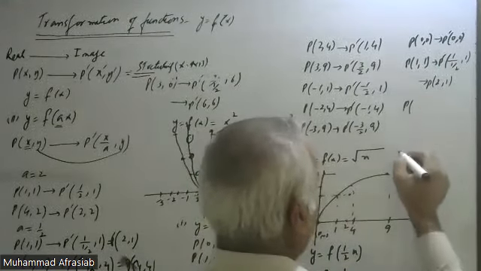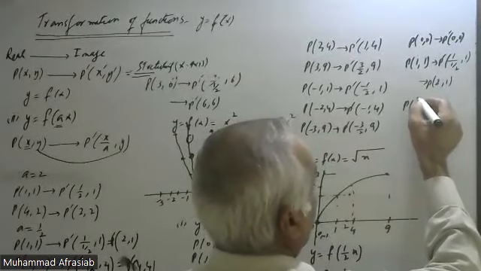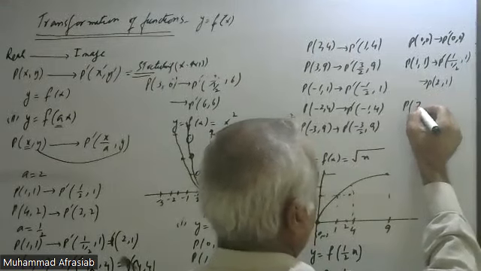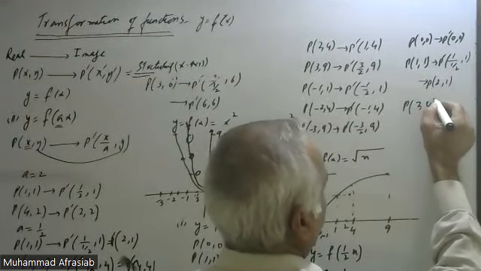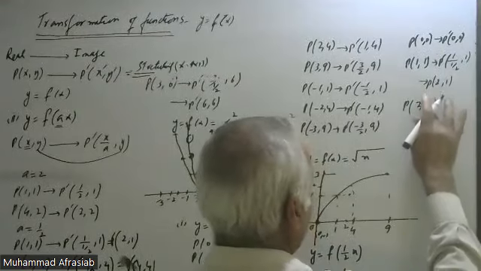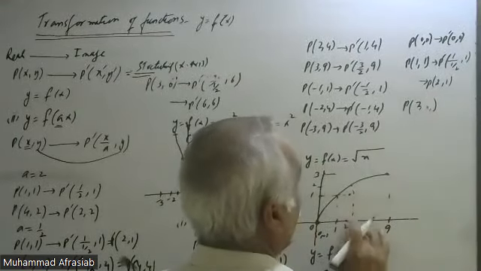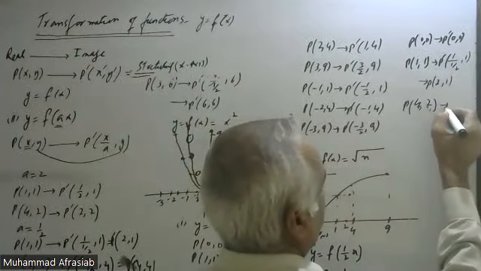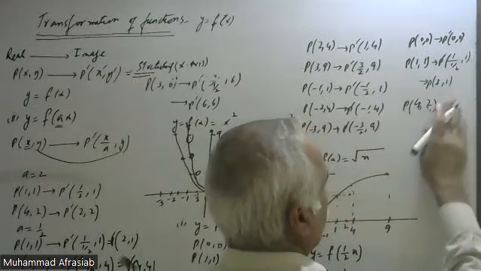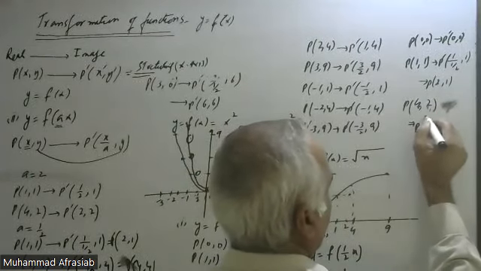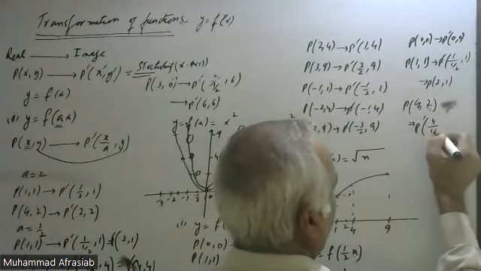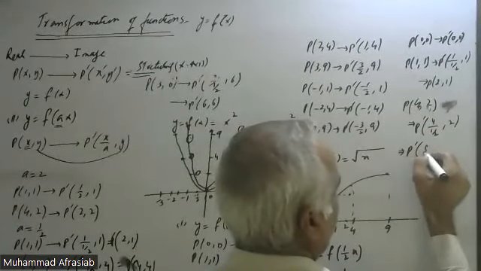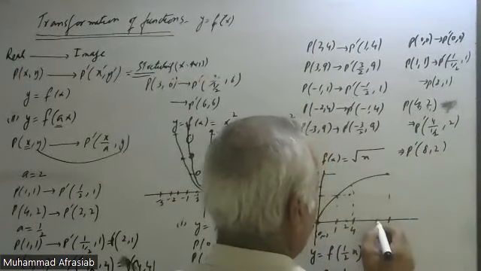If P is equal to 4 and 2, where 4 is the x value and the value of that one is 2, then P dash will be 4 over half and 2. So that means P dash will be equal to 8 and 2.